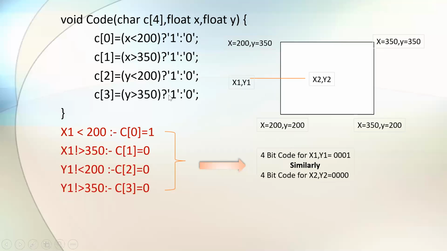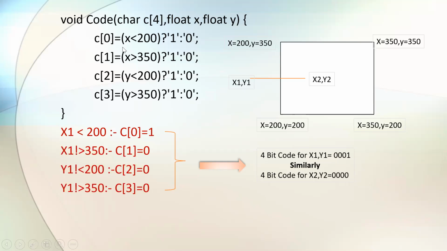That will go into the function, and then it will check whether the x value is less than 200. As you know, whatever comes in the left side will be less than 200. Whatever comes in the right side will be greater than 350. Whatever comes above the rectangle will be greater than 350, and whatever comes below the rectangle, the y value will be less than 200.